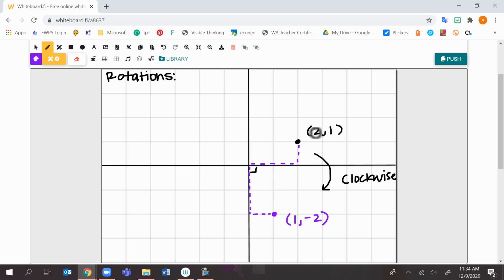So let's take a look at these coordinates and compare them. I'm noticing that my x's and y's switched places, and one of them is now negative.